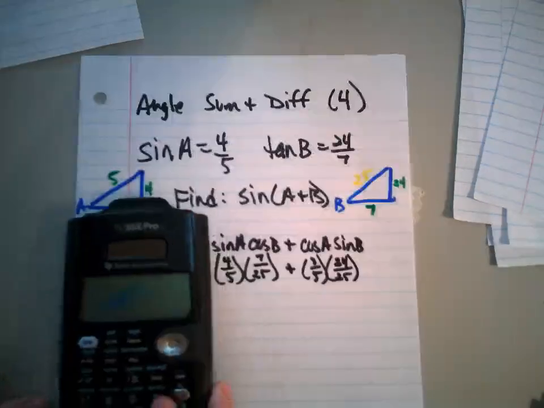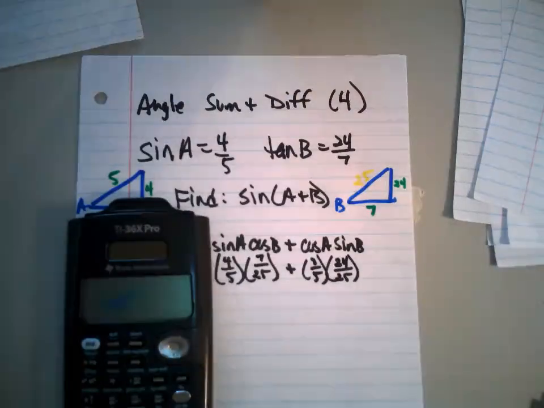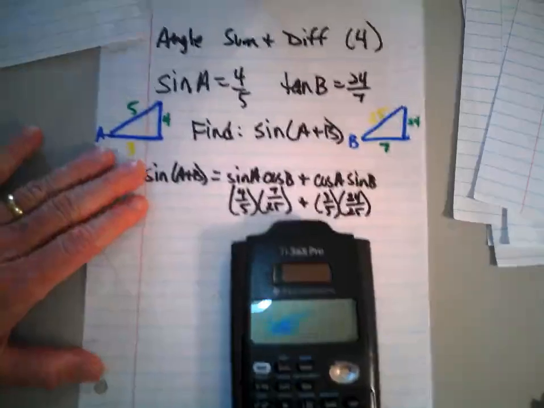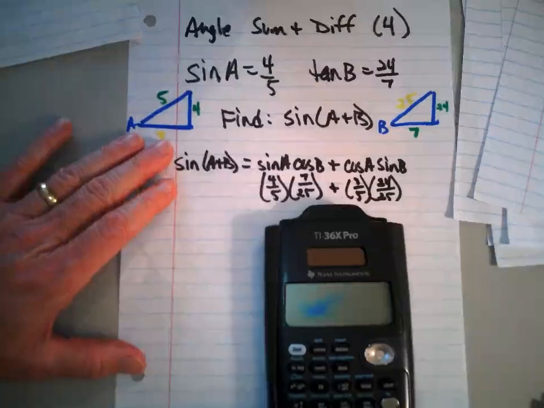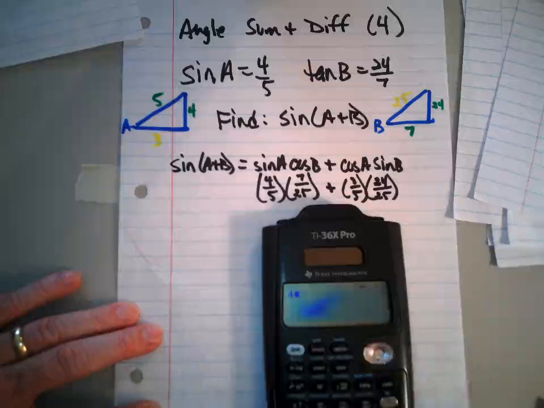Don't know if you can see that. I'll move it over here. That's going to be a little bit better. All right, so we'll type this in: 4/5 times 7/25 plus 3/5 times 24/25.